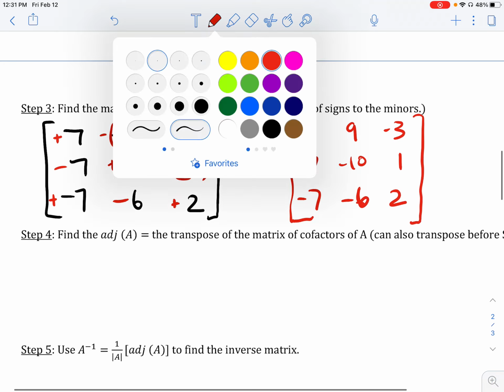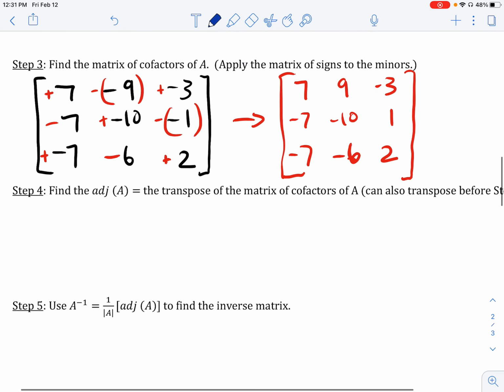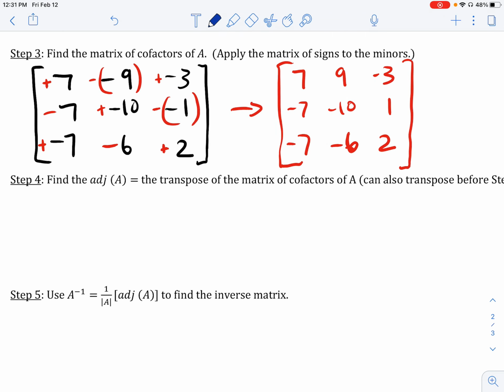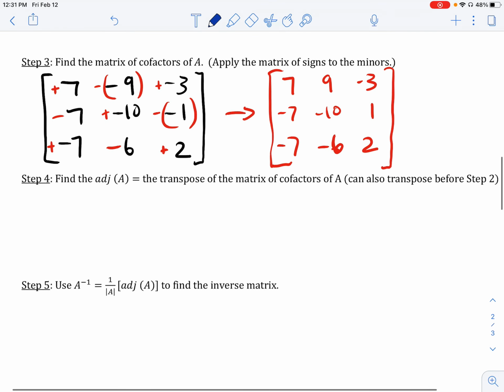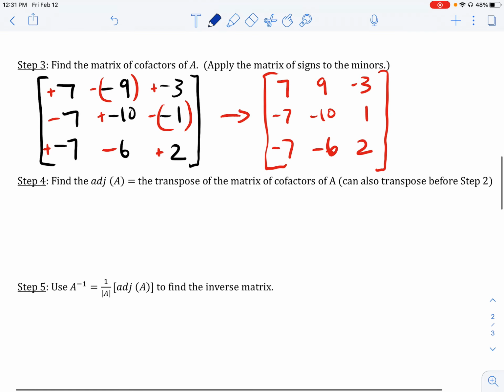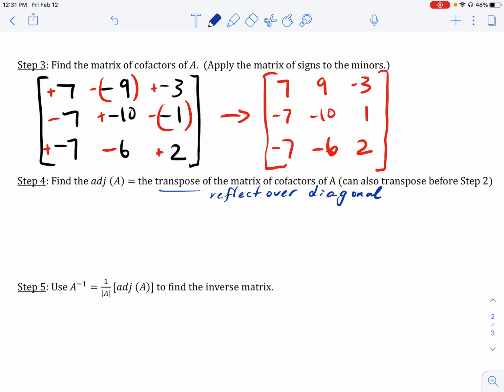Now, in my next step, the adjugate is going to be this matrix of cofactors transposed. To transpose effectively means that we are going to reflect over the diagonal. In other words, your first row is going to become your first column. Your second row is going to become your second column.